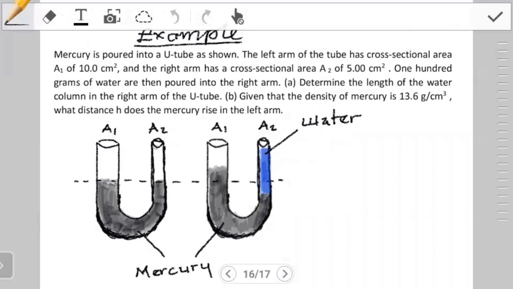This has one main influence: the height that this moves will be different to that observed on the left-hand side. So how do we compensate for that? That's the question that you guys have to first address. Once you know how to address that, it will be very easy for you to work out, especially part B of this question. So you guys can try it out.